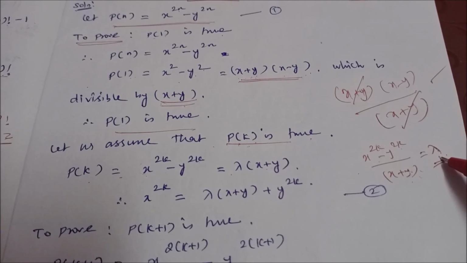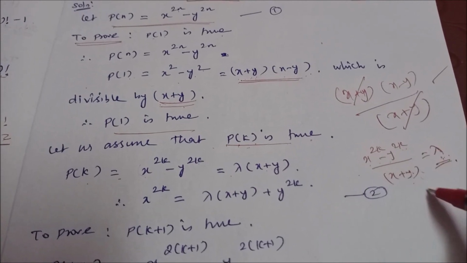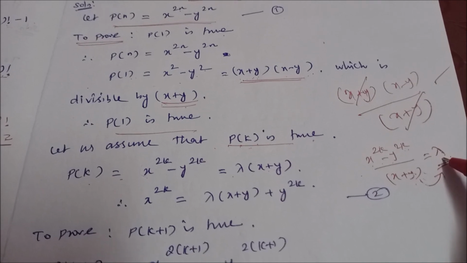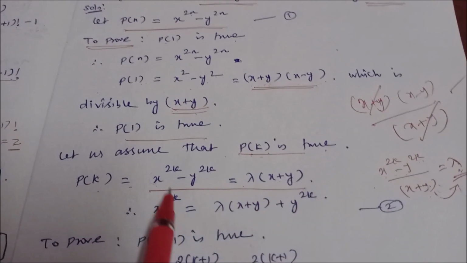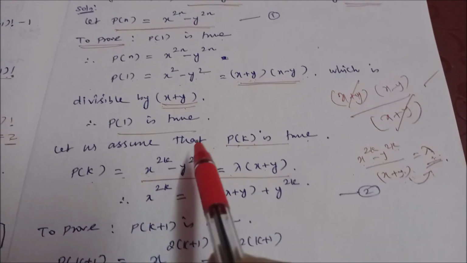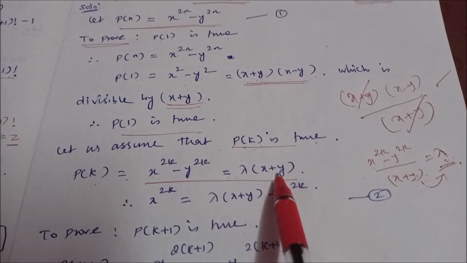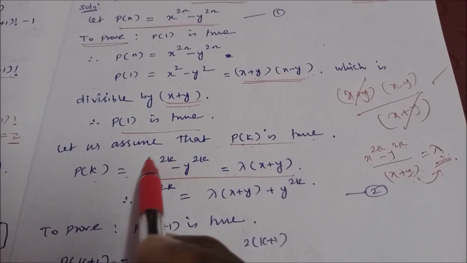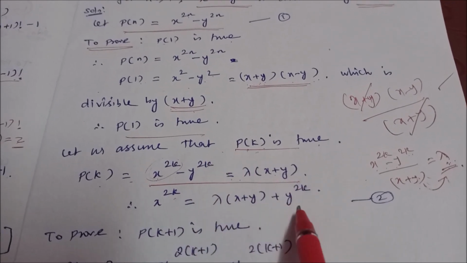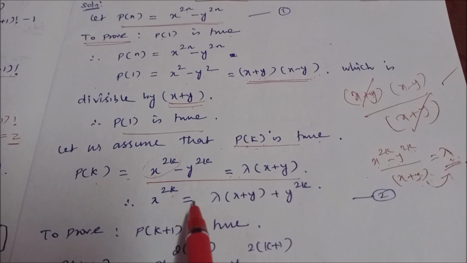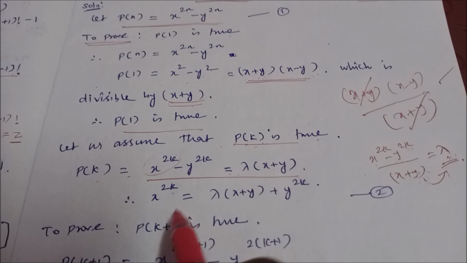Let us assume the divisible value is λ. Therefore, x^(2k) − y^(2k) = λ(x + y). After that we have to find only x^(2k), so y^(2k) goes to the right side. x^(2k) = λ(x + y) + y^(2k). This is equation 2.